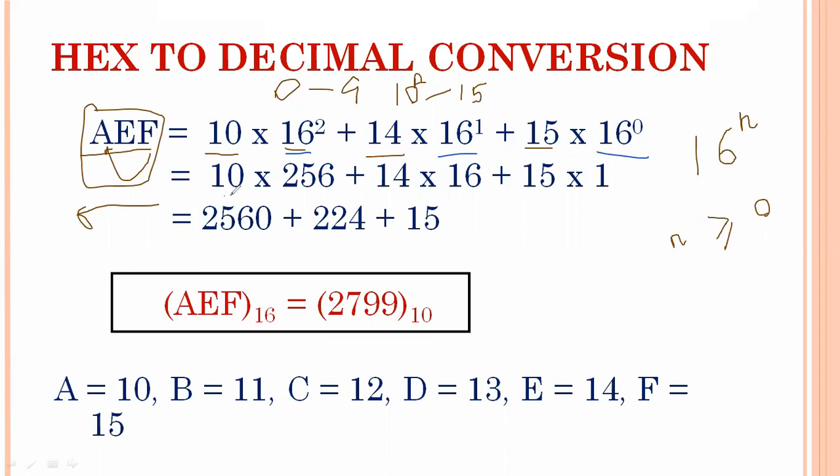Then the values will be 10 into 256, 14 into 16, 15 into 1. When we add these numbers, this AEF will be converted to 2799. So this is the decimal form of the AEF number.